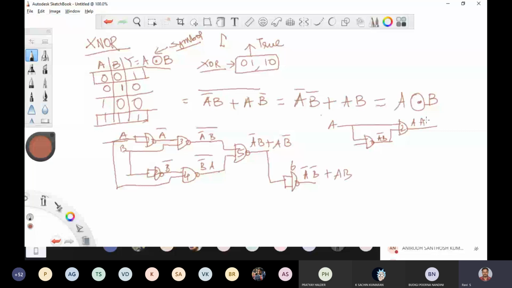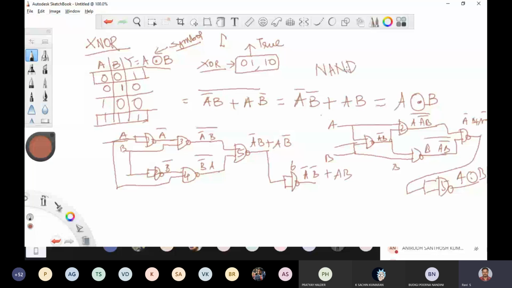So this logic is XOR, A bar B plus AB bar. This is what we derived. Now if I connect one inverter at the output of the exclusive OR logic, number 5 will give you XNOR, A XNOR B. So now this is the NAND implementation of exclusive NOR, only NAND.